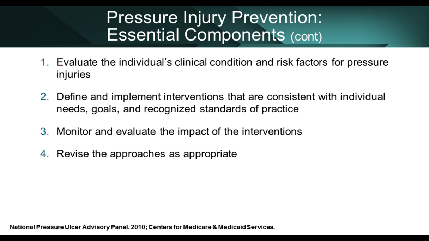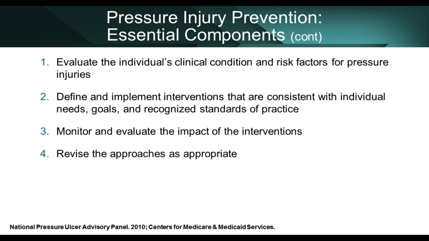But they are the essential components of how to prevent a pressure injury from occurring. Number 1, evaluate the individual's clinical condition and risk factors for pressure injuries. Number 2, define and implement interventions that are consistent with the individual's needs, goals, and recognized standards of practice. Number 3, monitor and evaluate the impact of the interventions. And number 4, revise those approaches as appropriate.